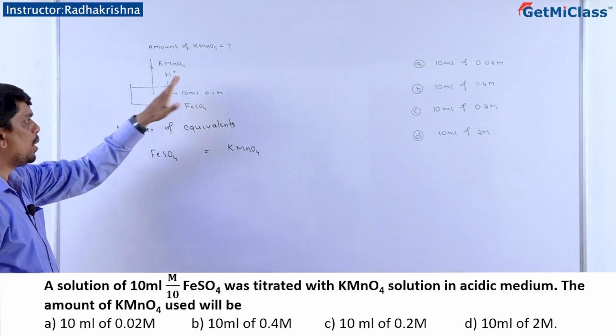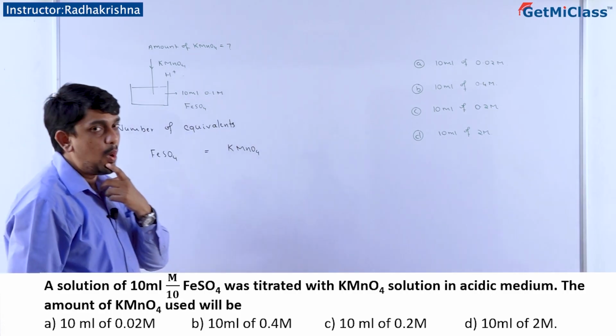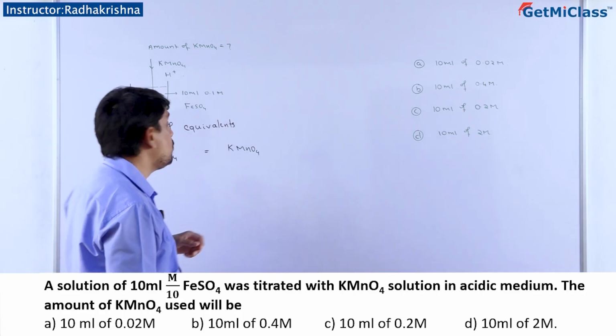For ferrous sulfate, molarity and volume are given, and for the number of equivalents we want normality and volume.